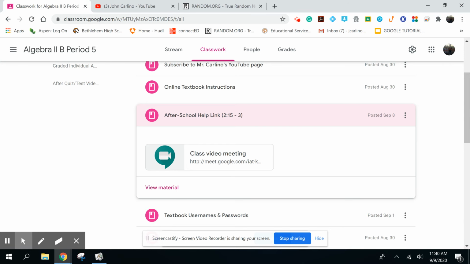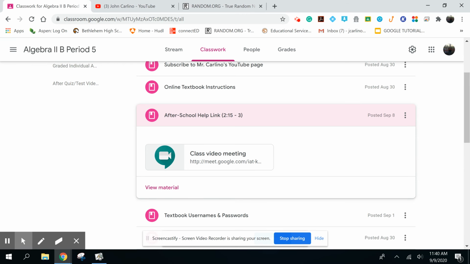Second way, I have periods 3, 7, and 8 off every day. If you have a study hall that period, because unfortunately you're not allowed off campus yet, and want to come see me for extra help, let me know ahead of time so I can give you a pass to get to your study hall teacher.